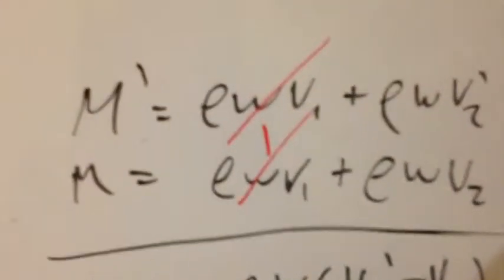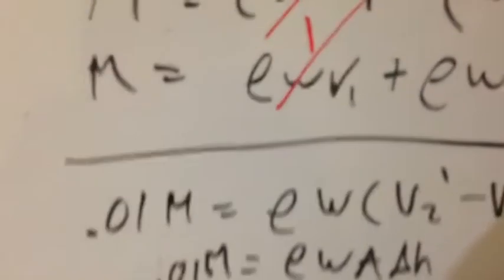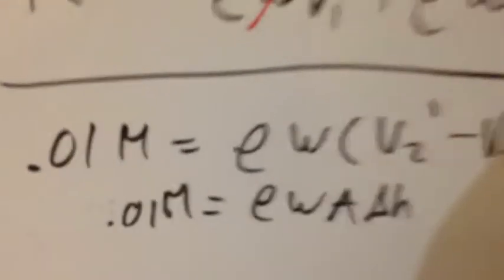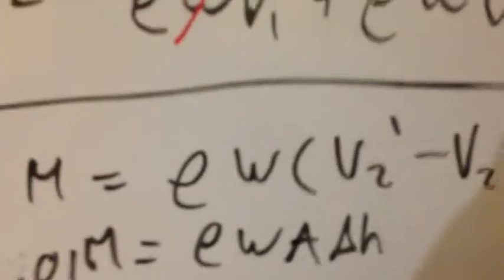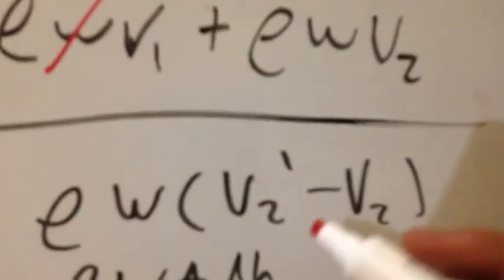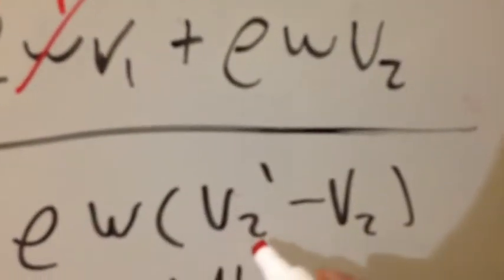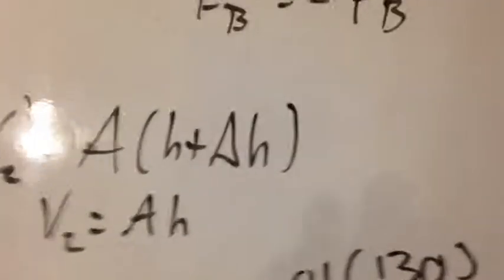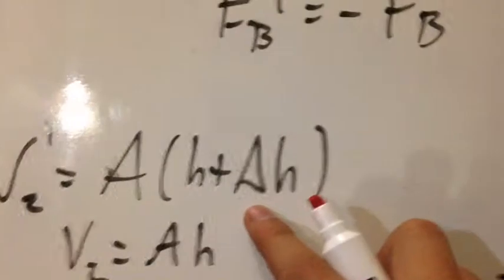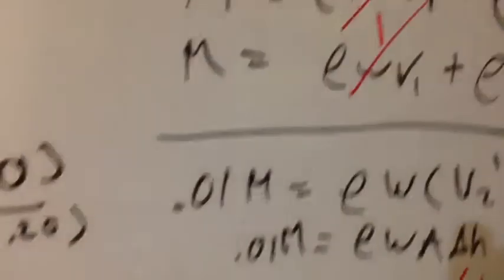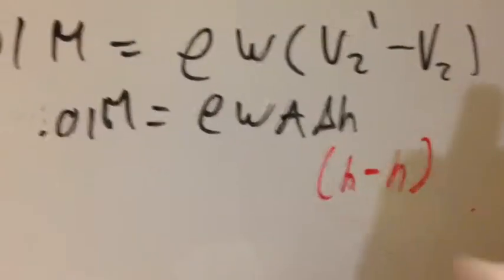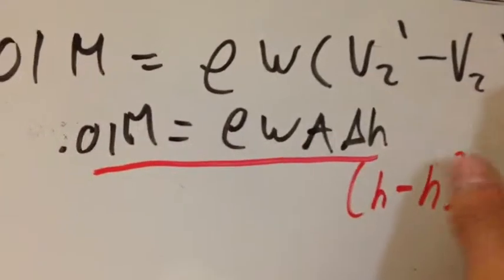And well, since this one is given by a difference of 0.01, we have that 0.01 of the mass equals the density of water times V2 prime minus V2. So V2 will be A times H plus delta H, which leads us to the next part.